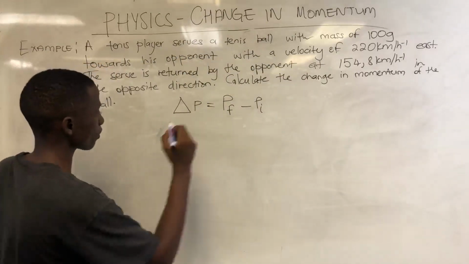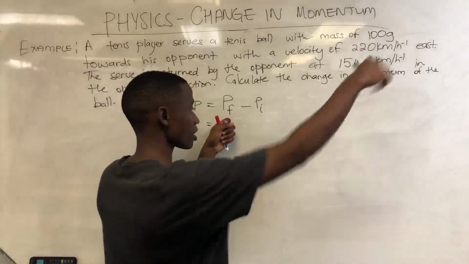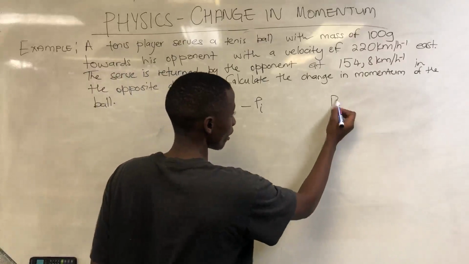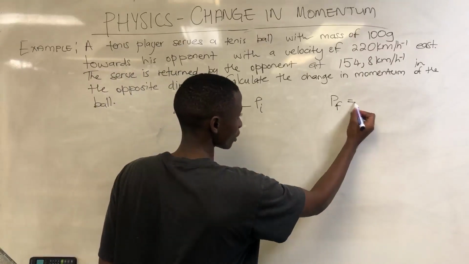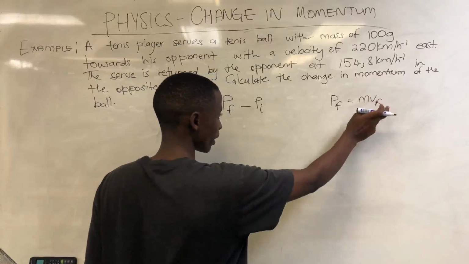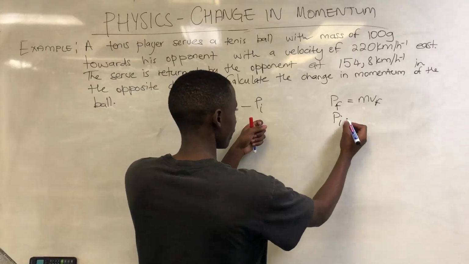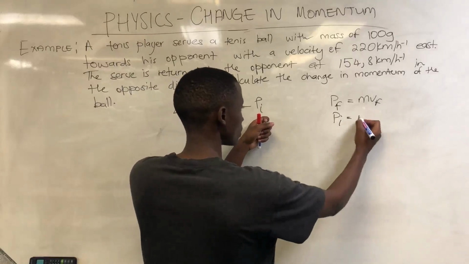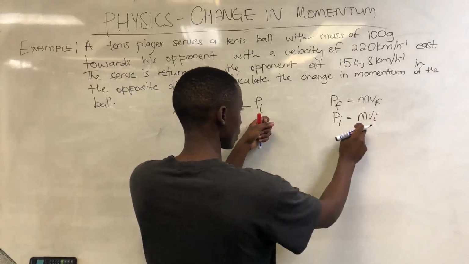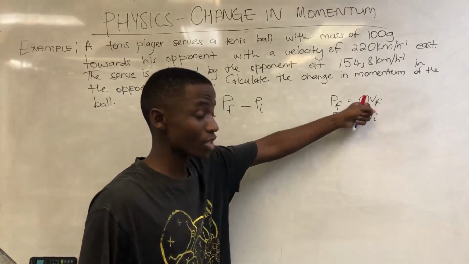Now, our change in momentum would be equal to PF, which is the final momentum. PF, the final momentum, is equal to MVF, the mass of the pen multiplied by its final velocity. And PI, the initial momentum, is equal to MVI, the mass of the pen multiplied by the initial velocity. And mind you that the mass is constant, right?